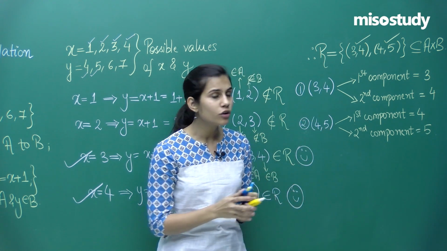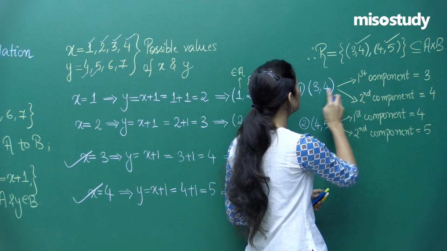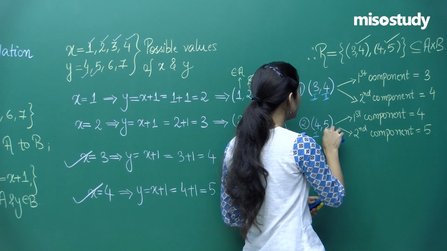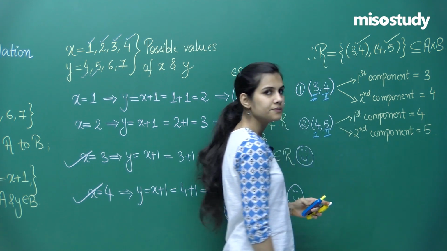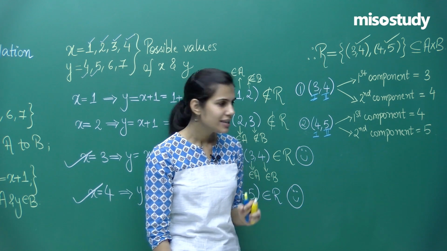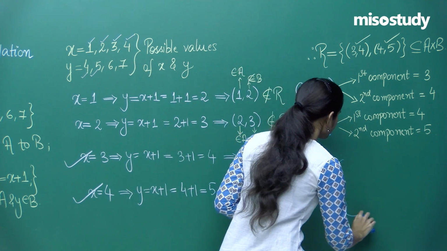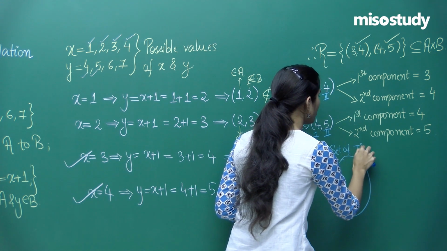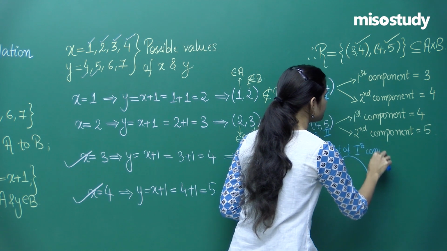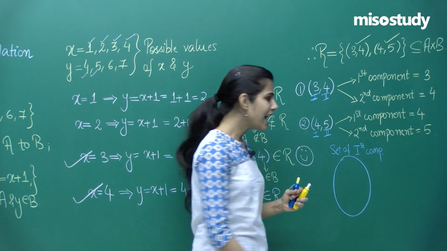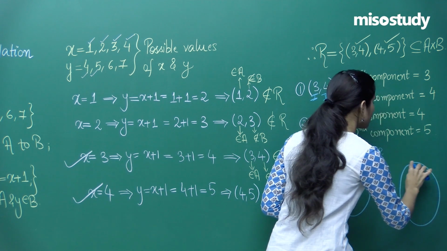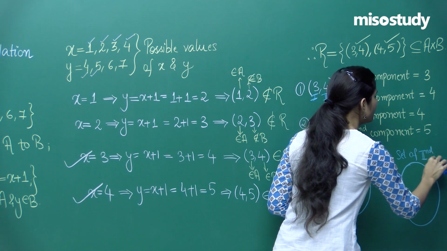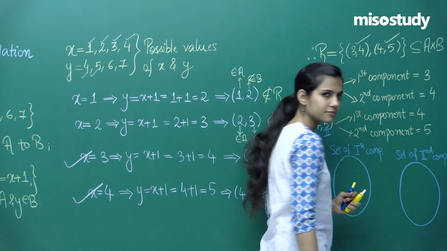What I focused on over here was the first component and the second component of every ordered pair sitting in the set R. Why did I do that? Let's make a set of first components. And again now make a set of second components.